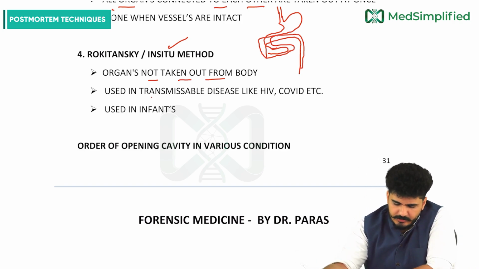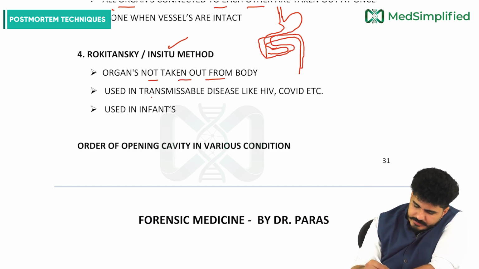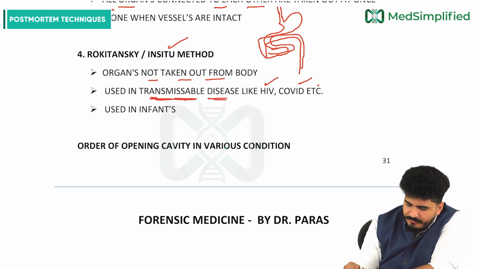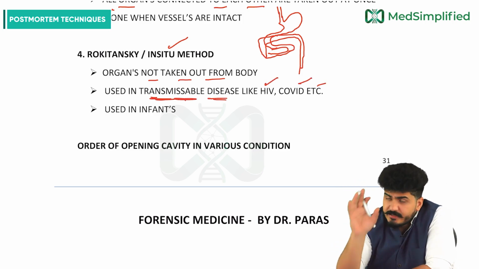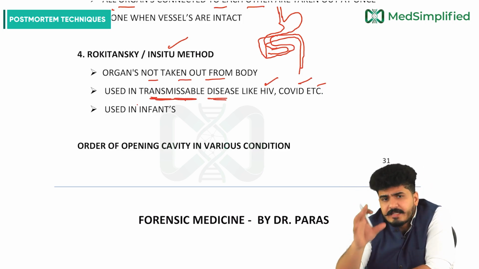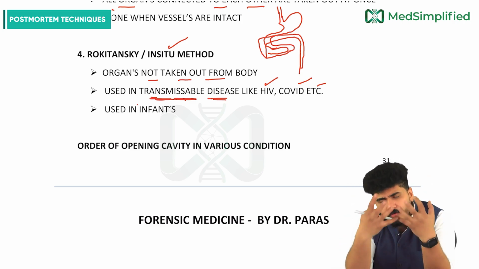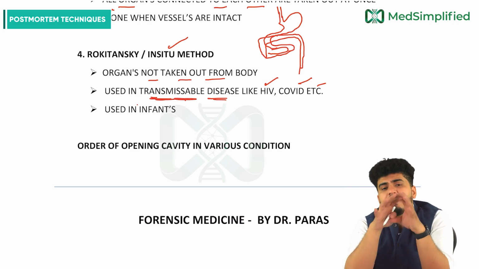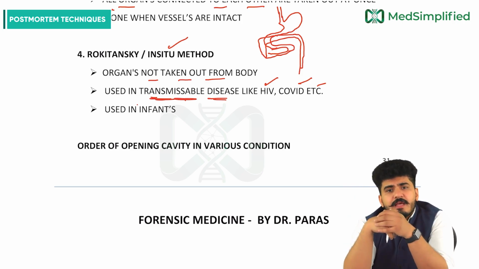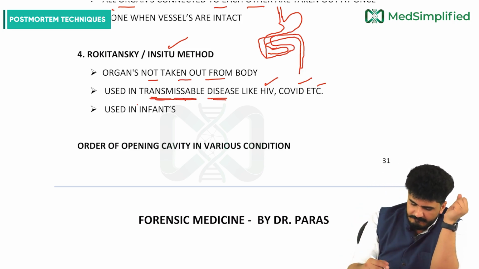Rokitansky or in situ method, when organs are not taken out from the body, is used in transmissible diseases like HIV, COVID, etc. The diseases which can be easily transmitted and are very lethal, fatal, my dear friends. In those types of diseases, you cannot remove the organs. That will create further problems, my dear friends. And other than transmissible diseases, you can use this method in infants also.